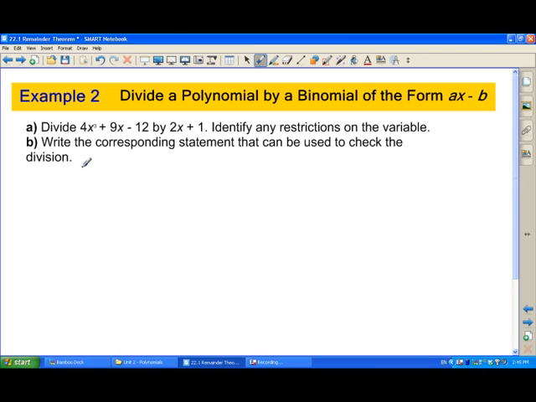So let's just look at another example. Let's divide a polynomial by a binomial, and this time we have a different form. This time we're of the form ax minus b. So now in our binomial, the factor ax minus b, that value of x has a coefficient. So we'll set it up the same way. I'm going to divide this polynomial by 2x plus 1.